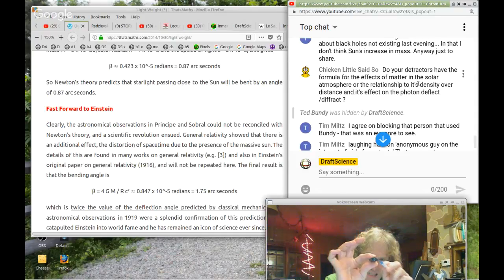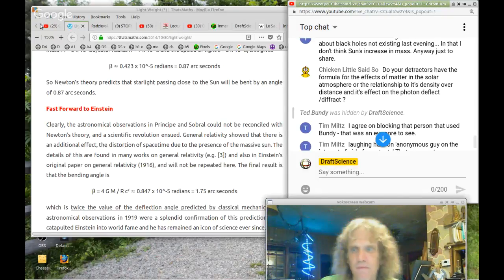They're quite a distance from the sun. So the number 1.75 is for right here next to the sun. Obviously, here the number should be much lower. Obviously. Oh, shit.